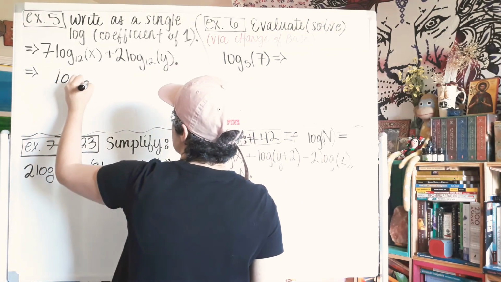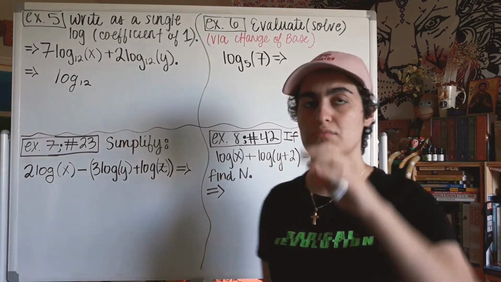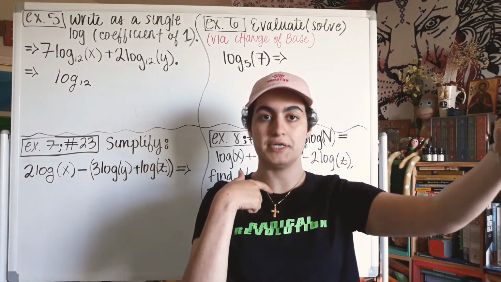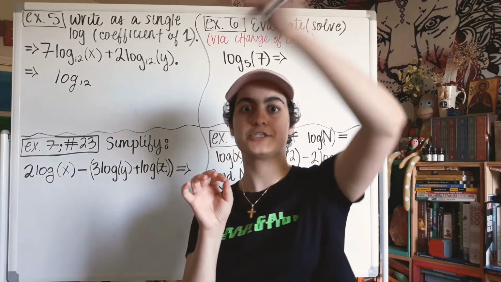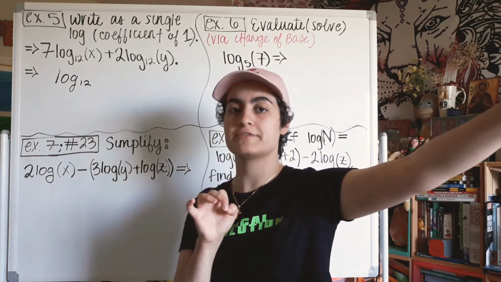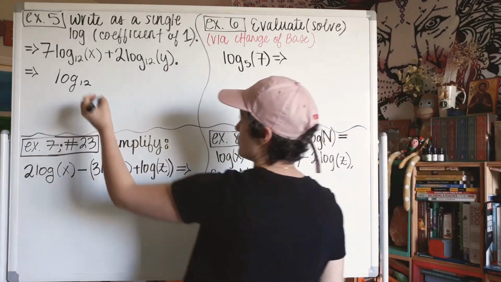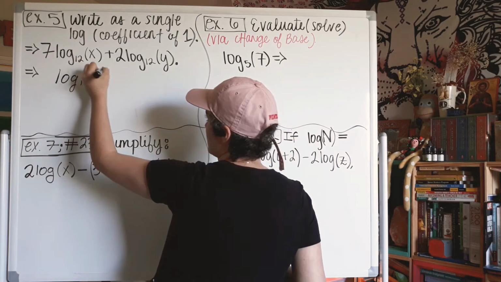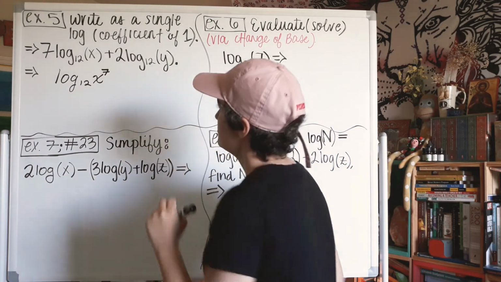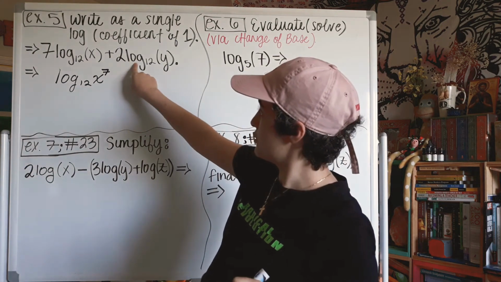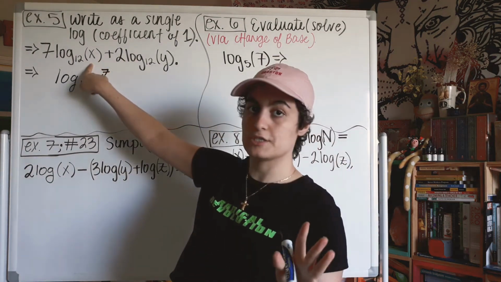So the base is the same. So I'm going to do the reverse of law 3. I'm going to attach that coefficient of 7 to the x. x to the 7. So I already took care of that. So I took care of this, completely finished.